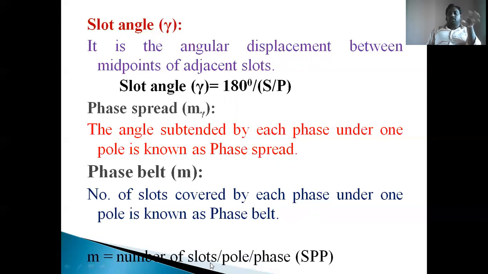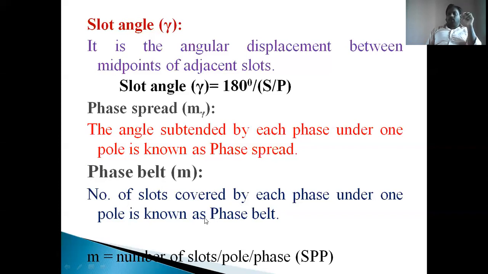Phase belt m is equal to the number of slots per pole per phase. So with my values, slots are 20, poles are 4, phases are 3, so finally 20 by 12. That is the phase belt, the number of slots covered by each phase under one pole.